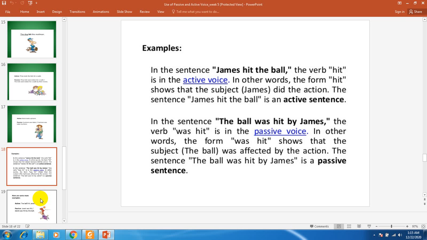In the sentence the ball was hit by James, the verb was hit is in the passive voice. In other words, the form was hit shows that the subject, the ball, was affected by the action. The sentence is a passive sentence.